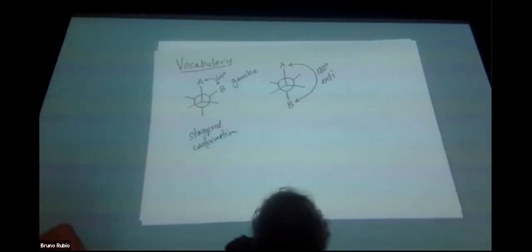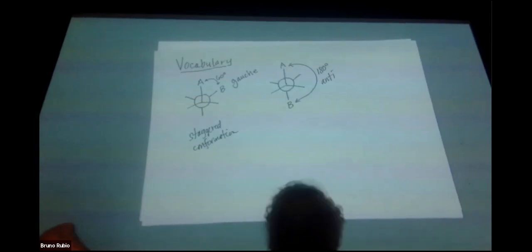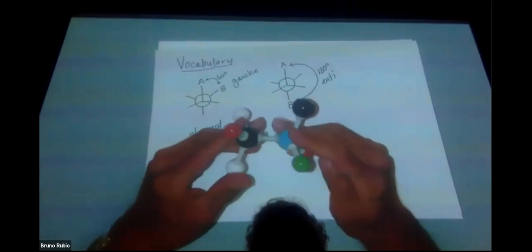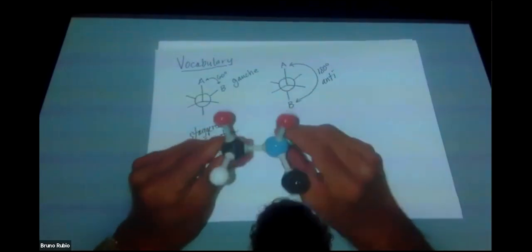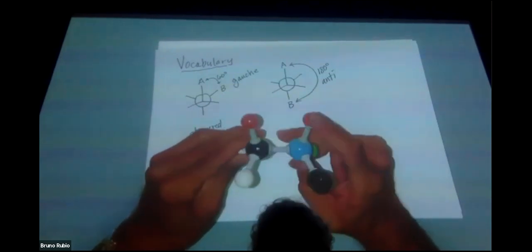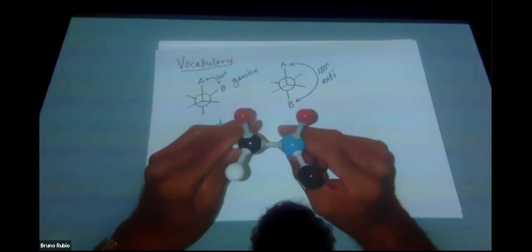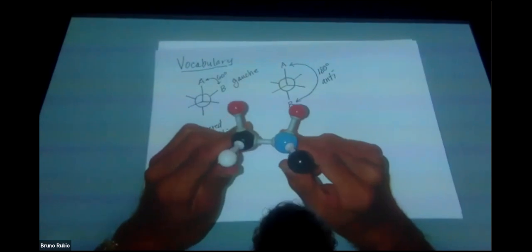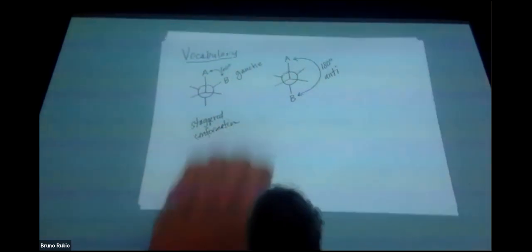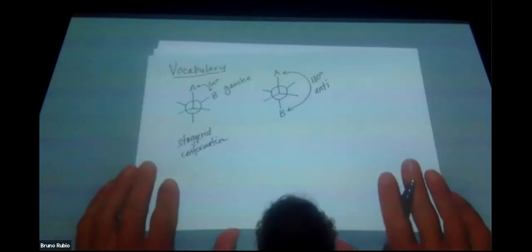The other important type of Newman projection is, because remember, getting back to my little model here, what we said is that when bonds are eclipsed, they relieve the eclipsing by twisting out of the plane of the tabletop.